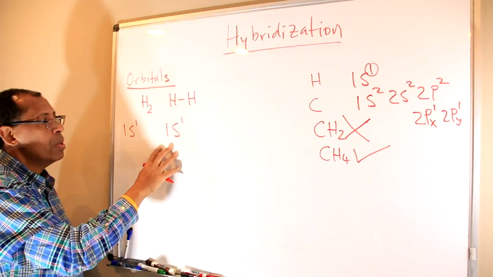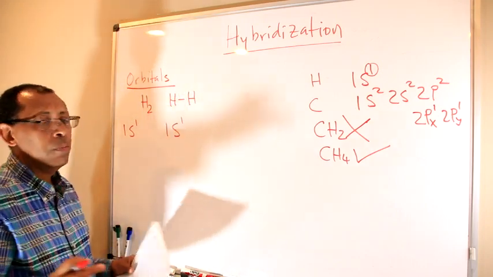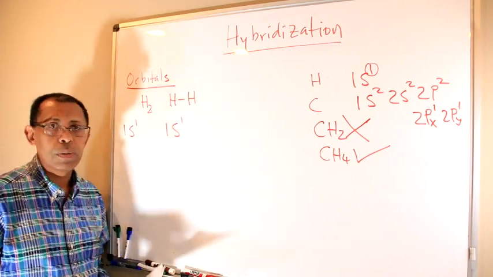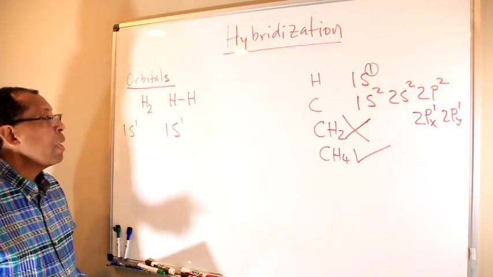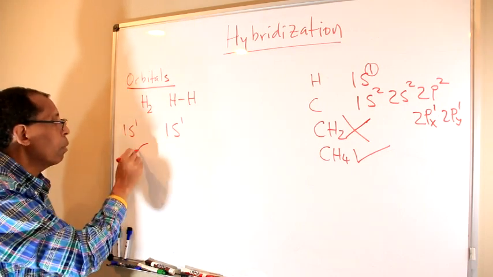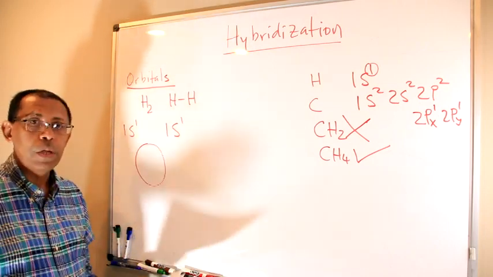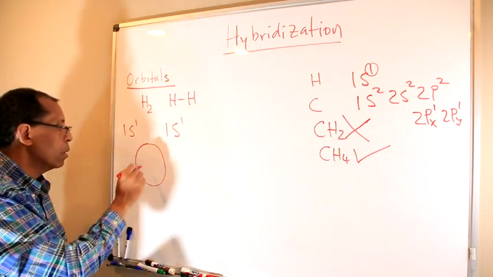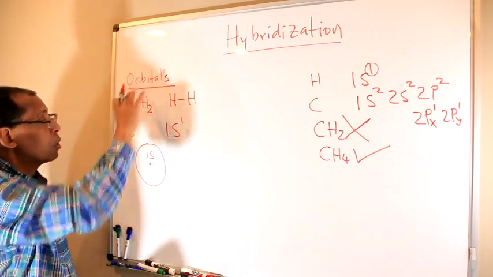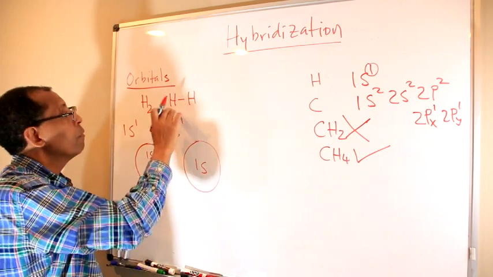They overlap and make the covalent bond by sharing these 2 electrons. So they make a sigma bond because this is made from 1 s electron. An s orbital is a sphere type. This is the 1s orbital where one of the electrons exists, and another one is 1s for this.